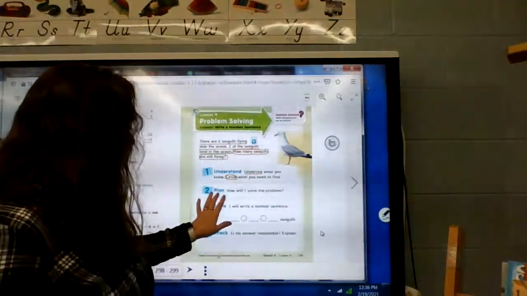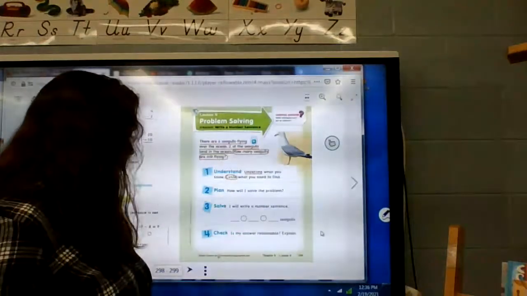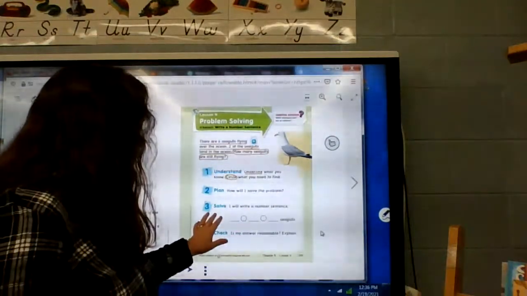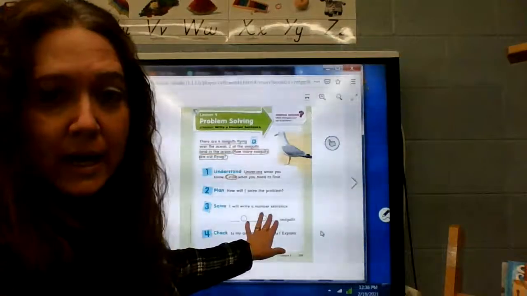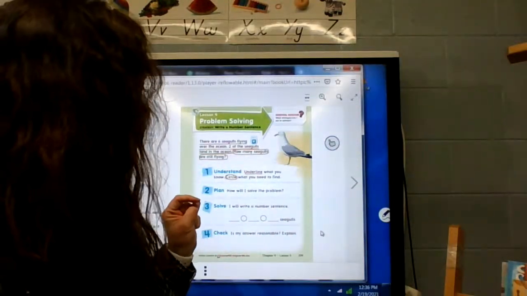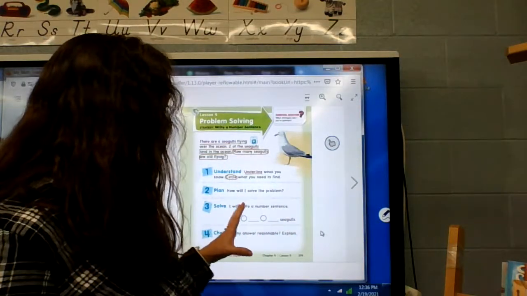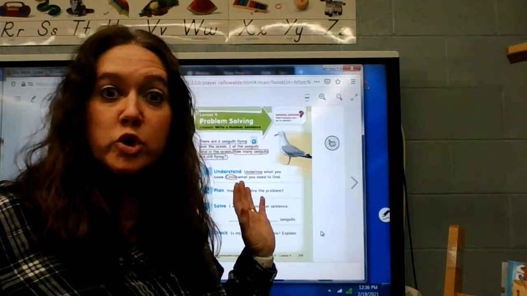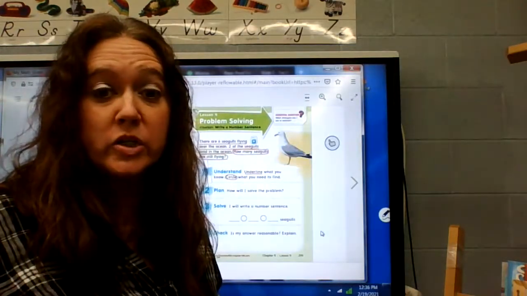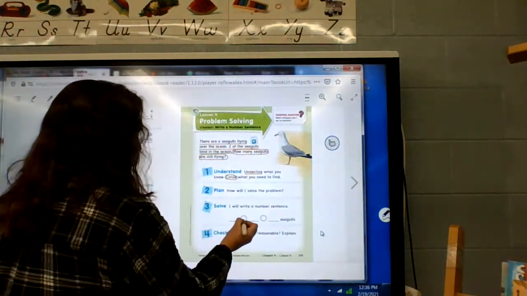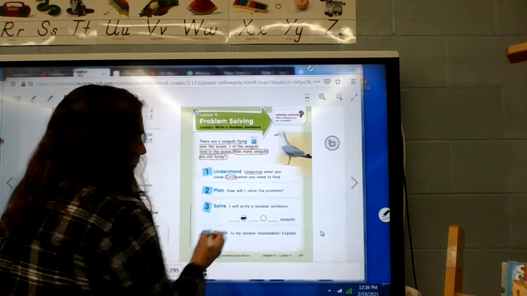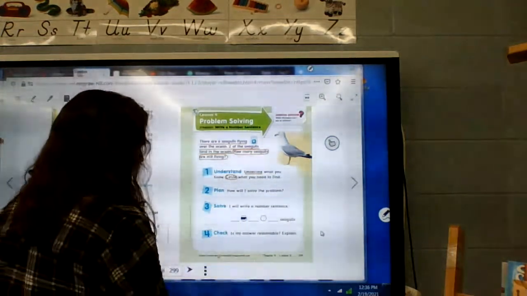So, how will I solve the problem? I will write a number sentence. Because we have 6 and we know 2 are gone, that means we're going to subtract. So let's go ahead and put a minus here, like we did. That's not a very good minus.